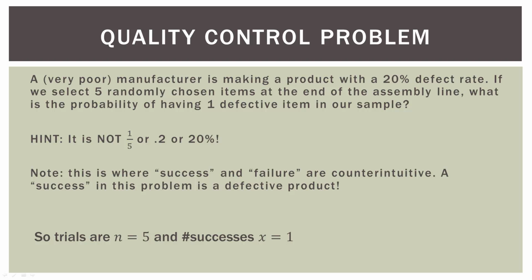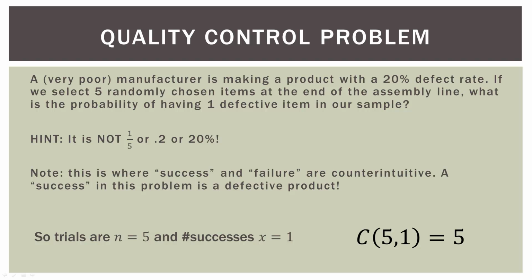So the number of trials are 5, because we're selecting 5 items at the end of the assembly line, maybe like every hour throughout the day or something. And the number of successes, which is a defective product, is 1. So what is the probability of having 1 defective item in our sample?